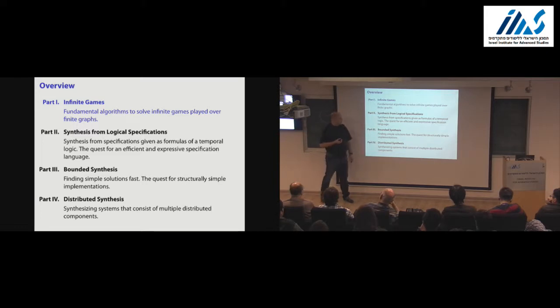The quest here is to find structurally simple implementations, and what might it mean to find a simpler solution? An obvious idea is to limit the number of states that you need in your solution, but there are also other parameters such as the number of cycles. And then in the last part, I'll get back to the distributed synthesis issue, related to but extending the Rosner setting.